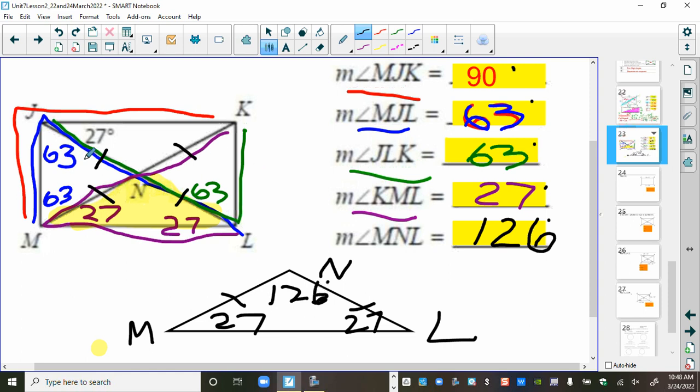So that means their opposite angles are going to be congruent. And then you get this angle right here, because the sum of the three angles is 180. If you already have two of them, just subtract 180 minus 63, or 180 minus 27, minus another 27. Bang, done.